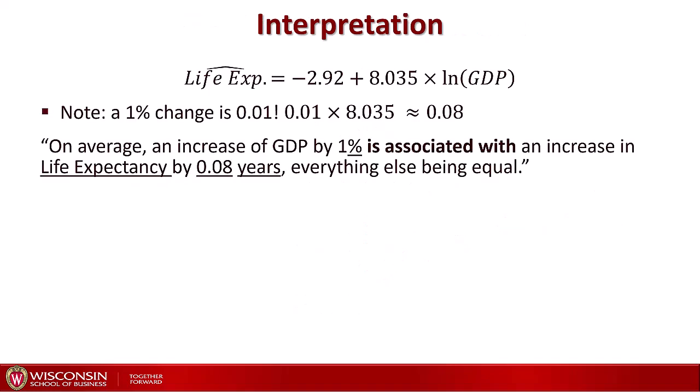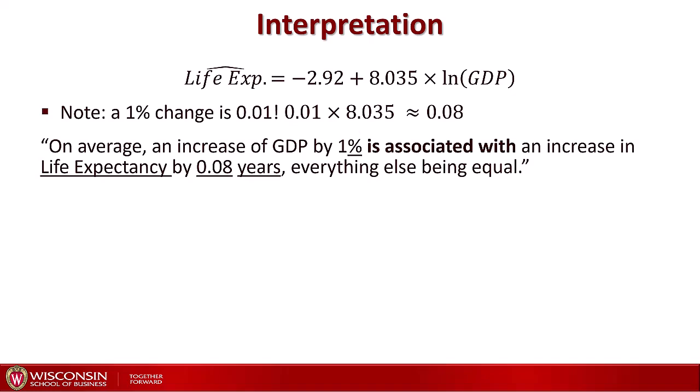Let's apply this reasoning to our case of life expectancy with respect to GDP. So here the coefficient of interest is 8.035. Be careful, a 1% change in x is a 0.01 change in x. So in that case, we have to take 0.01 times the slope.